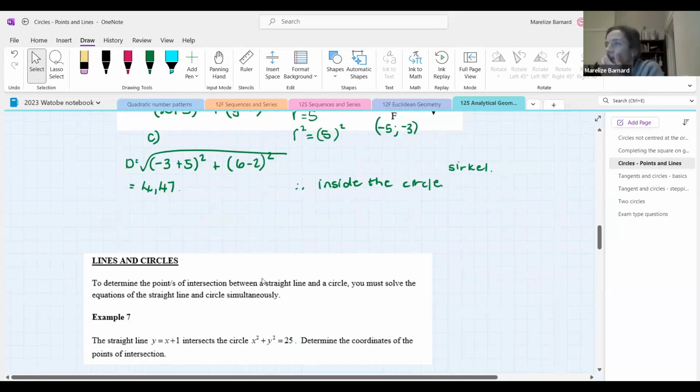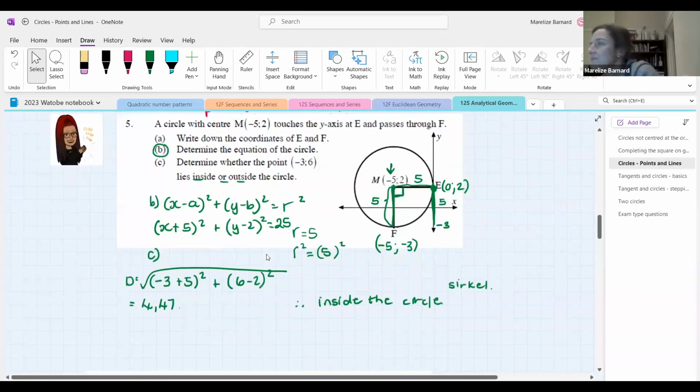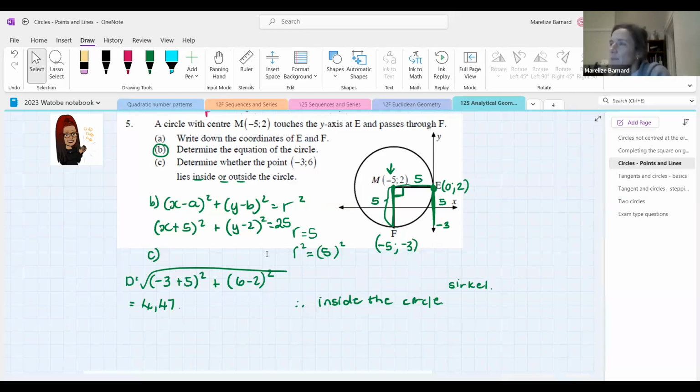Okay, here's another. Kamogelo, yes, you have a question? Good evening, ma'am. In terms of the distance formula, why is it not over 2? The distance formula divided by 2? No, the distance formula is not divided by 2 because it's square rooted.